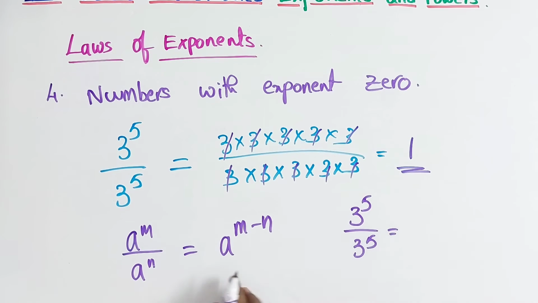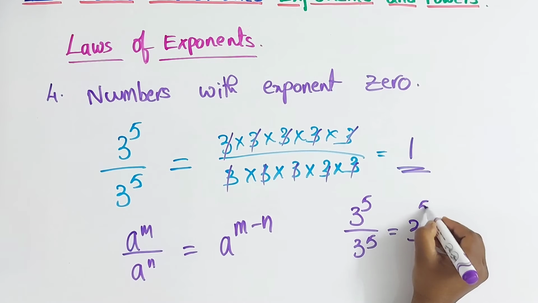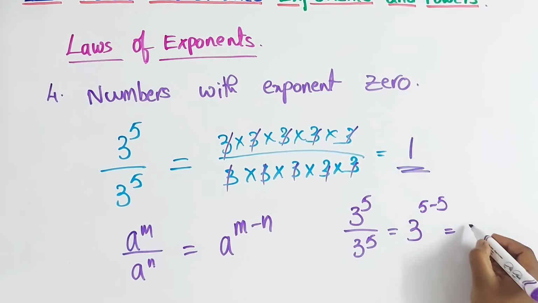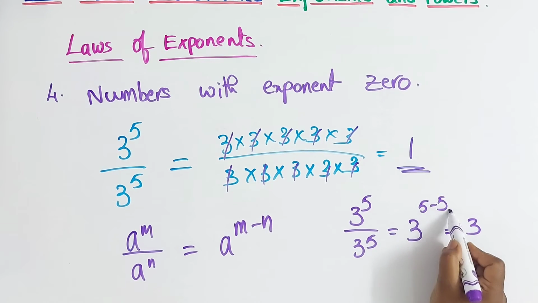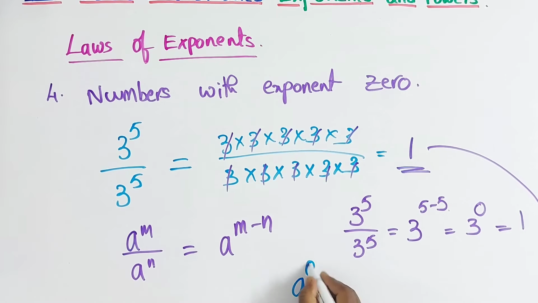So what is the formula? a raised to the power of m minus n. 3 raised to the power of 5 minus 5, that equals 3 raised to the power of 0. So what is the answer, children? It is 1. So any number with exponent 0, the answer is 1. So a raised to the power of 0 equals 1. This is one law.